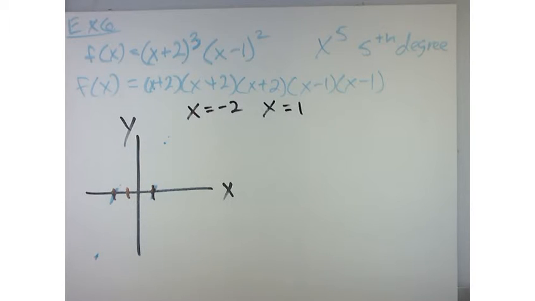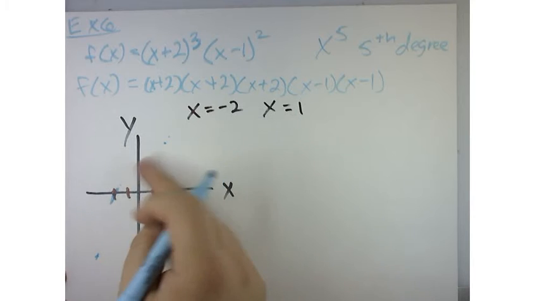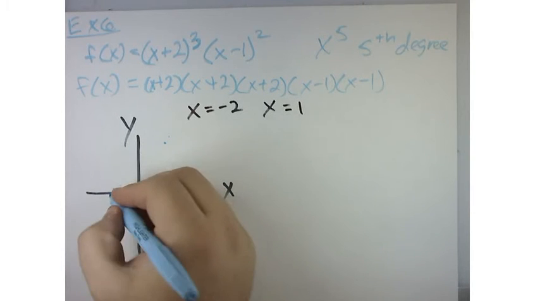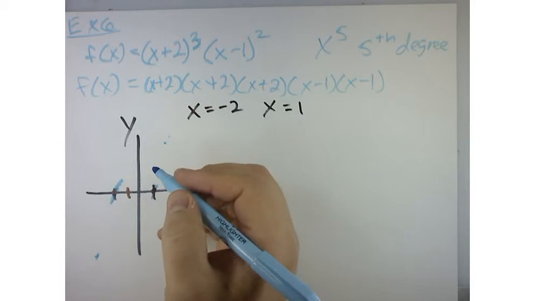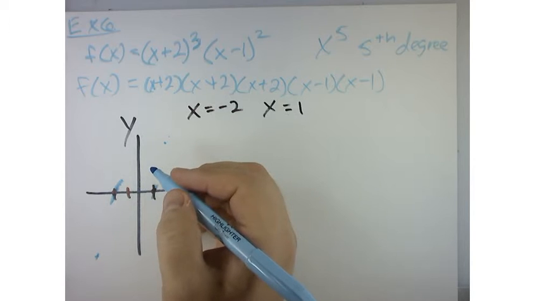So what does that mean? What does that look like? Is it going to come up here? It can't cross a second time. Once it crosses here, then what does it do? Or does it even cross?